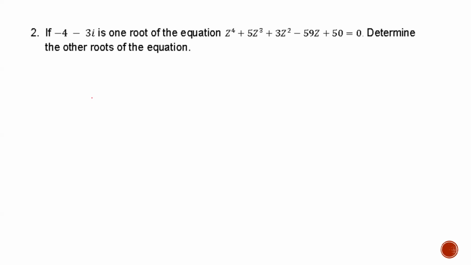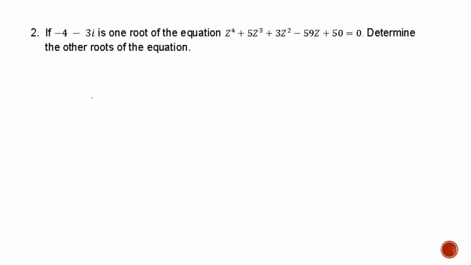Yeah, amazing. So let's go to the next question, number 2. If -4 minus 3i is one root of the equation z to the power 4 plus 5z cubed plus 3z squared minus 59z plus 50 equal to 0. Since this is a quartic expression, we expect 4 roots of the equation, right?